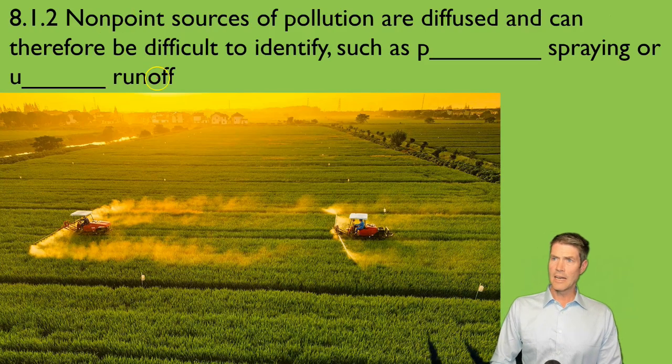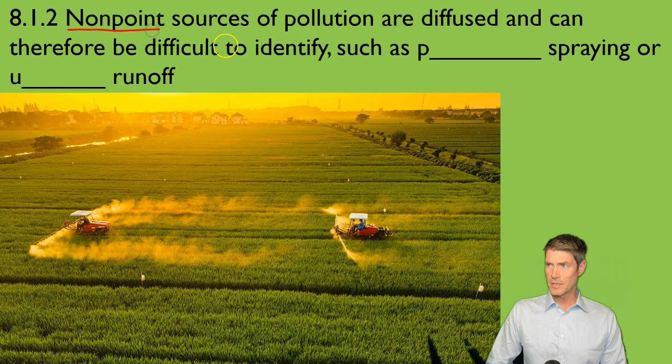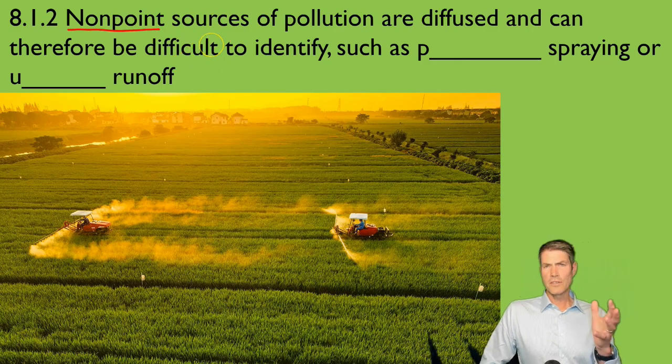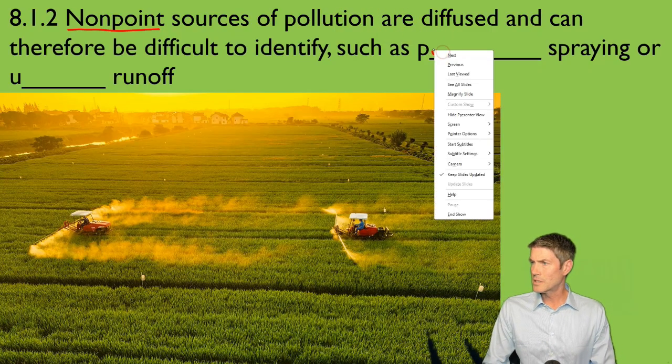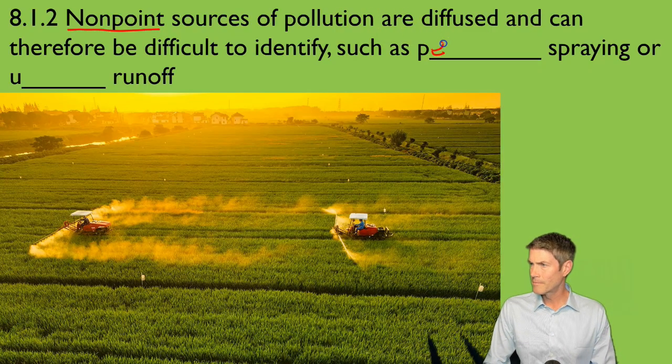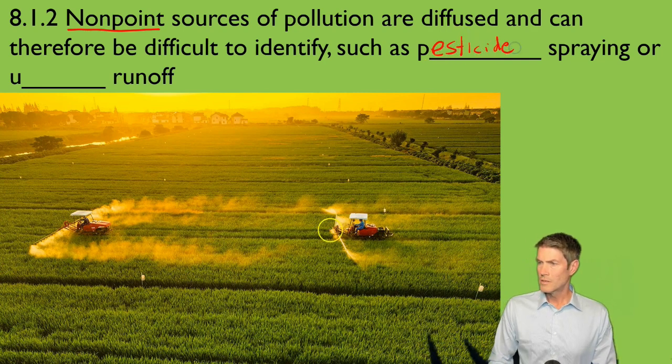The next idea is non-point sources. And this is much more difficult to deal with because it's just coming from everywhere, it seems like. So one of these possible sources would be pesticide spraying. So that's what we see here. These are all pesticides.